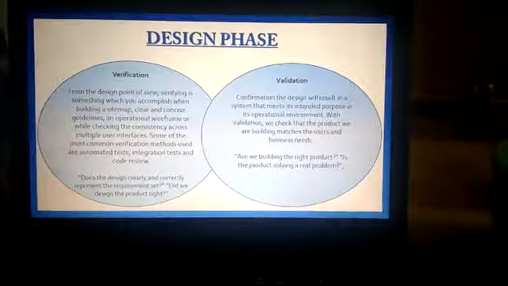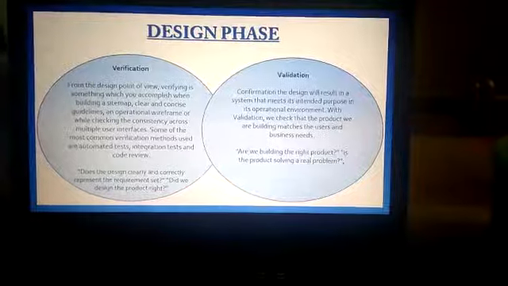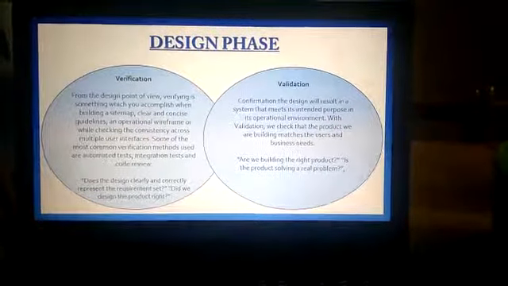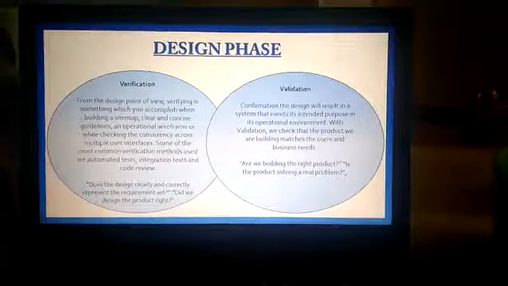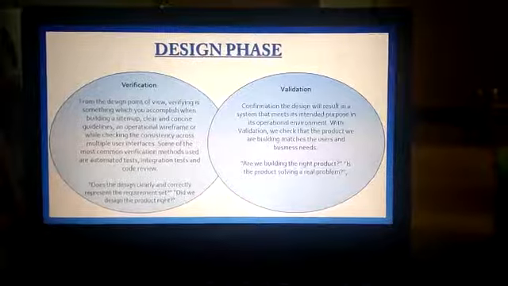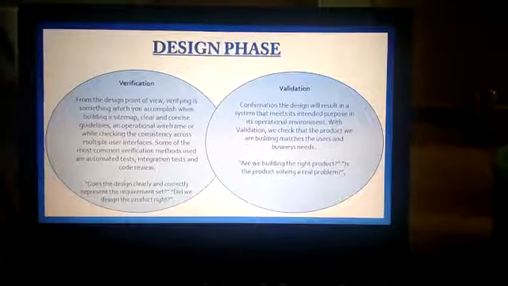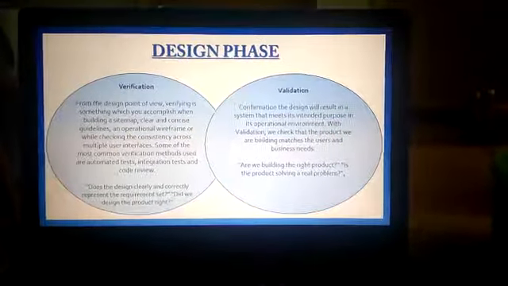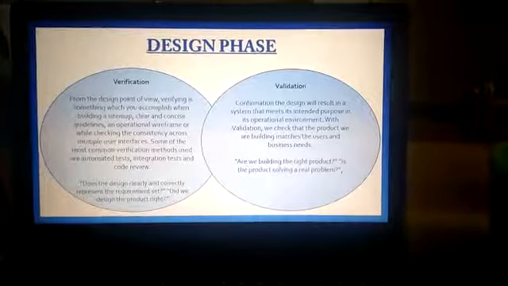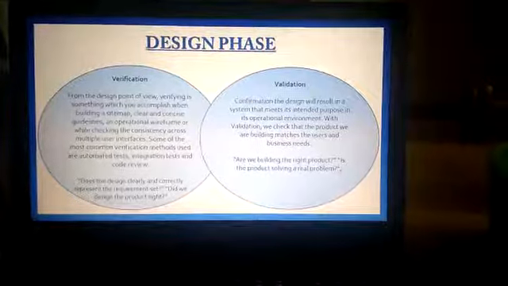Some of the most common verification methods are automated tests, integration tests, and code review. The main question here is, does the design clearly and correctly represent the requirement set? Did we design the product right?